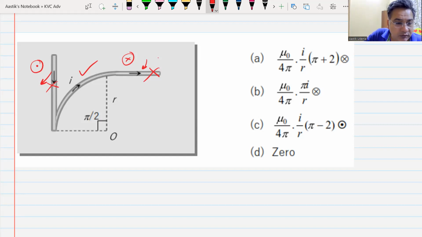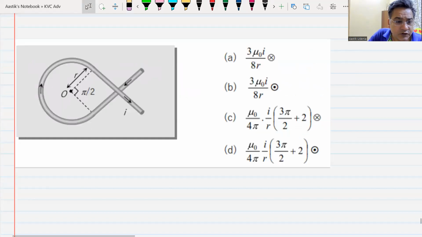Misprint maybe. This one. Option C, that is correct.